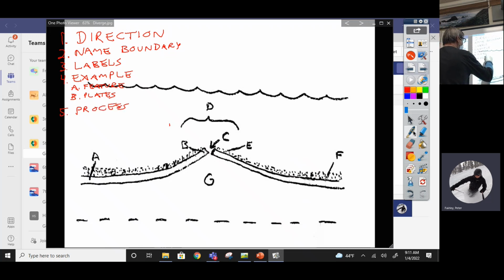So start by telling me what direction they're moving. Then give me the vocabulary for that type of movement. Then label, in this case, A through G. Then give me a real example on the planet of where this is happening. And for this one, there's also a process that you need at the end.